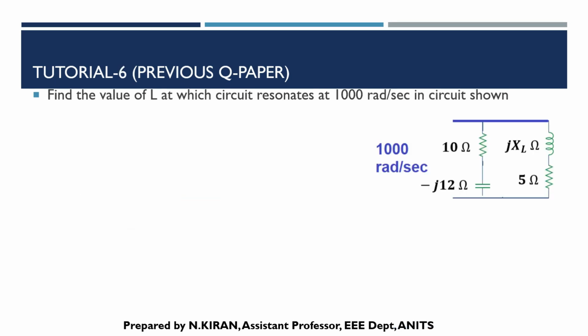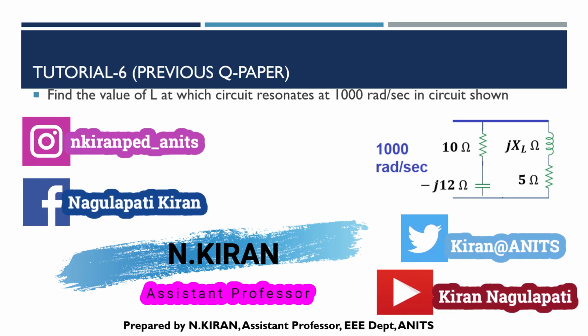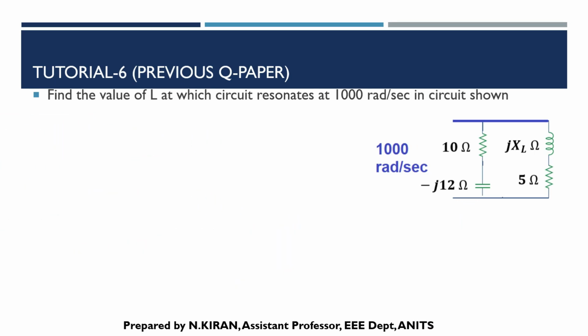The sixth sum asks us to find the inductor value which resonates at 1000 radians per second. Since it belongs to a parallel resonant tutorial, it is easy to find the admittance and equate the imaginary part to 0, which will give me the value of inductor resonating at 1000 radians per second.